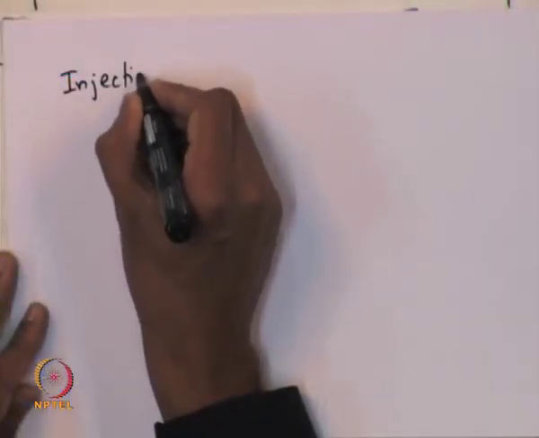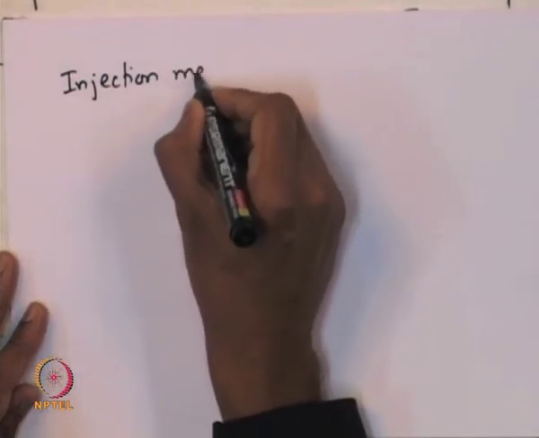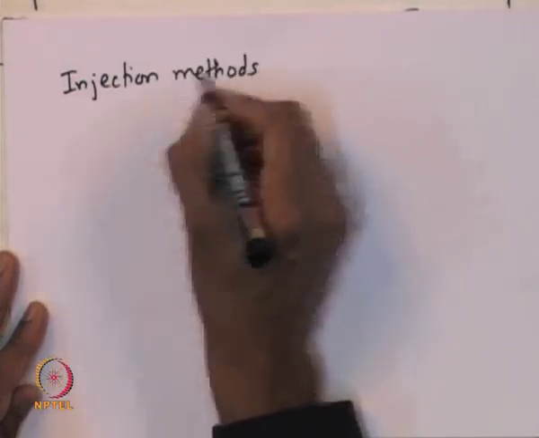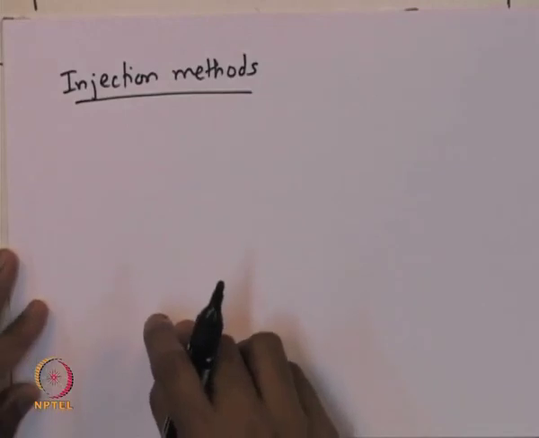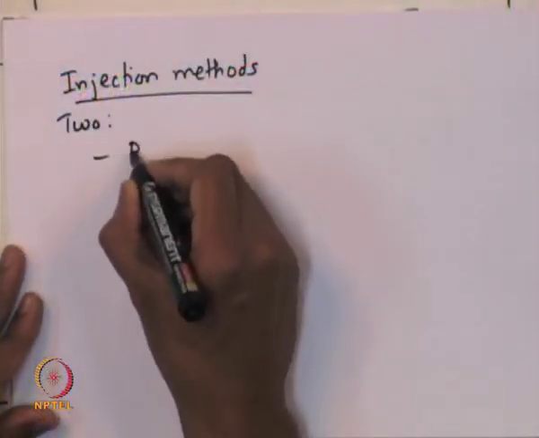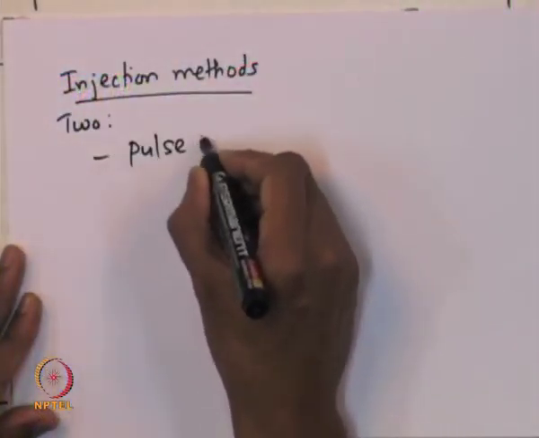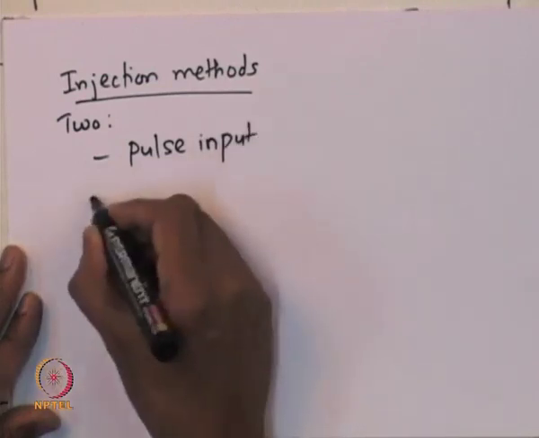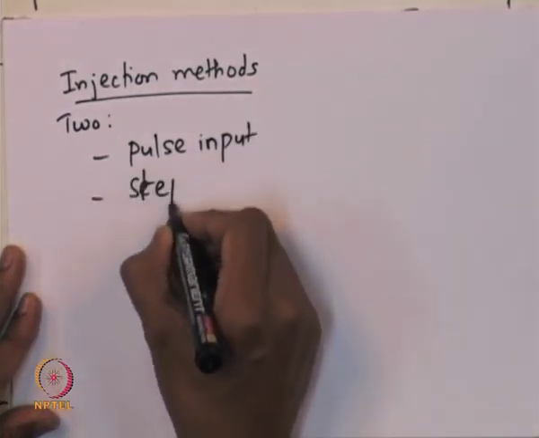So, there are two injection methods. There are two methods which are commonly used to detect the residence time distribution, which is a reflection of the non-ideal behavior of the reactor: the pulse input method and the step input method.